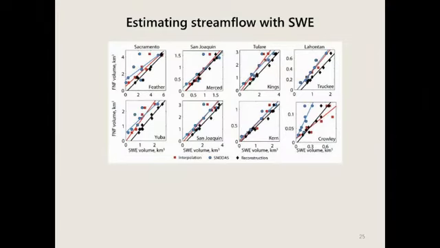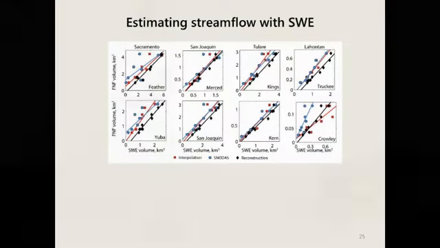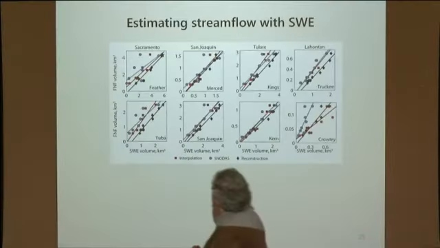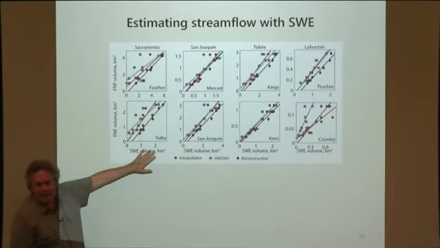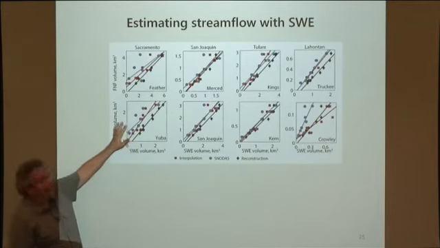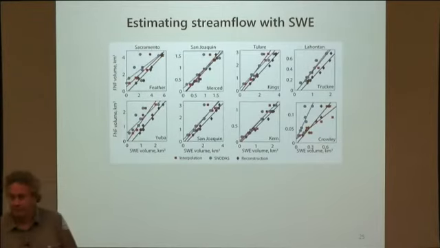And then if we actually do the volumetric comparison, we also get a result that's very useful. This is for each of the 8 major drainages. The one thing you notice here is that the black line, which is the reconstruction, actually has more snow in it than is coming out in the river, which is what you've got to have, because you've got to have something left over for evaporation, right?